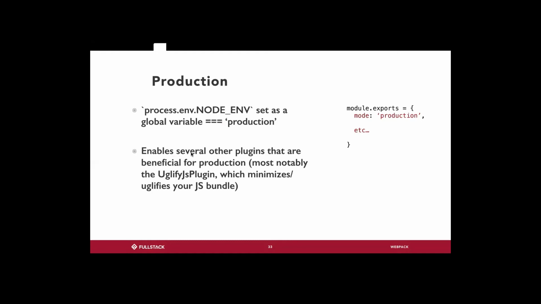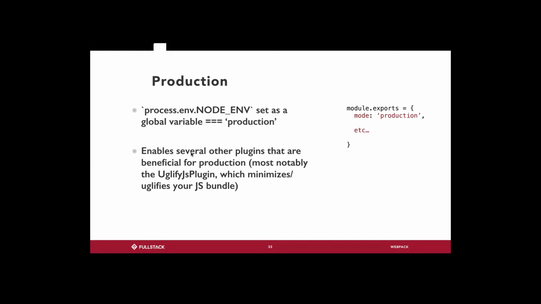But what production mode does is it enables several other plugins by default that are mostly beneficial for production. Most notably the UglifyJS plugin, which is going to minify and uglify your JS bundle, which is going to substantially reduce the size. And I think on the roadmap for future versions of Webpack, they're going to also support things like minifying your CSS out of the box.